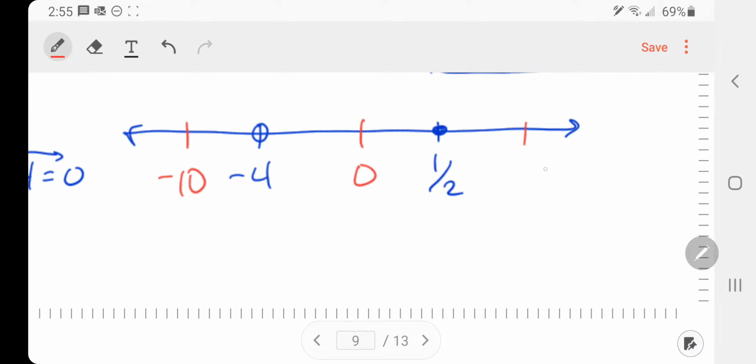And then a number bigger than half, I'm going to go way big. Let's go 10 again, okay? Going with 10 again. Do you see it doesn't matter what you pick for test points, but you do have to use them to figure out which section is shaded. And the test points do have to actually be in the region you pick them in.